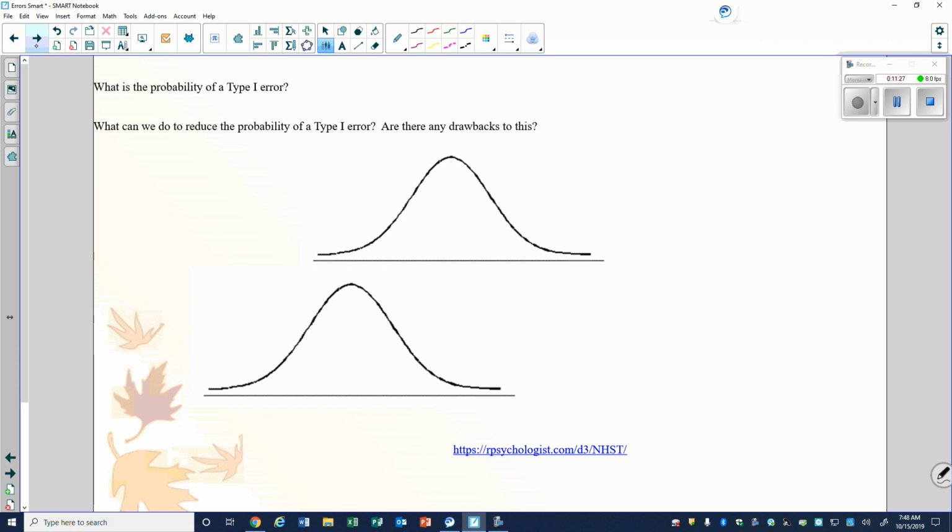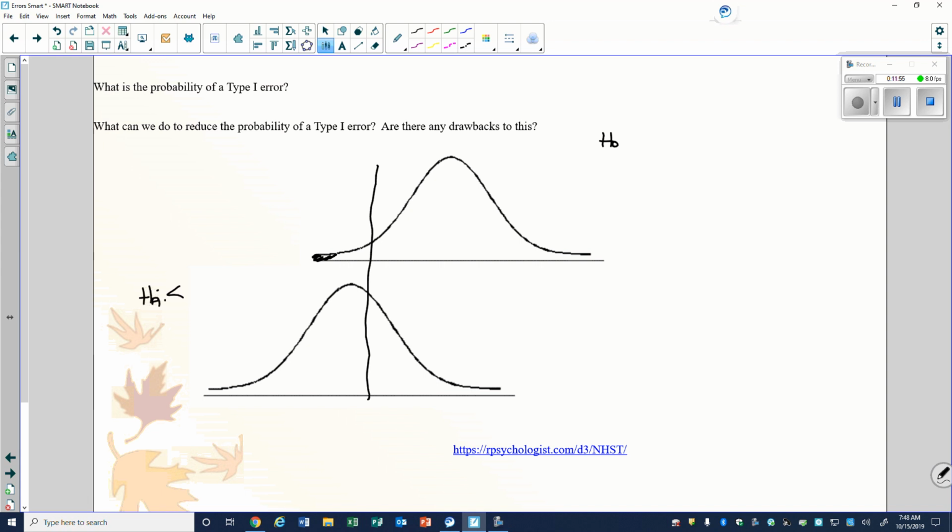So back to these curves. If we look at a null hypothesis curve, let's say the top curve here is my null hypothesis, and I'm trying to prove an alternative that is less than. In this case, that's why the curve is to the left of the null hypothesis, because we're proving a less than. Then my alpha is going to be in the tail of the first curve.